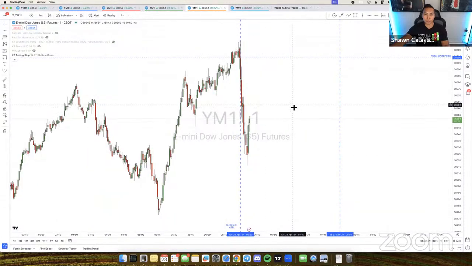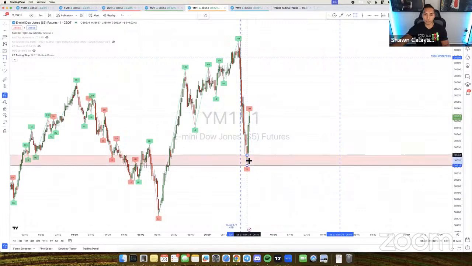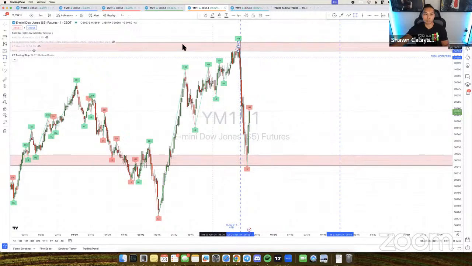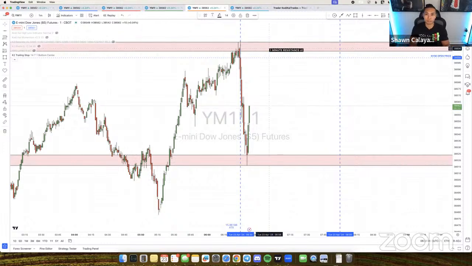Here's our clean chart. I'll mark up structure in a few. I guess I could start marking up structure here. So we do have a 1 minute support level right here, and we have a 1 minute resistance up here. So this is the current range as of now. This can change once the news comes out, because the news will actually push price past these levels.